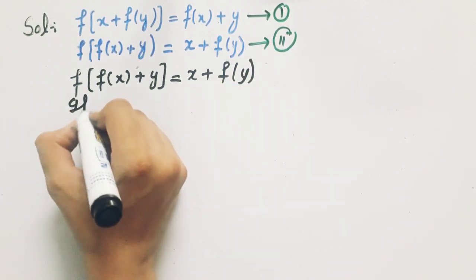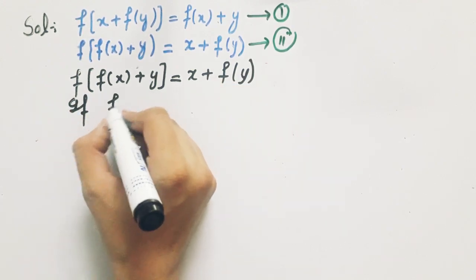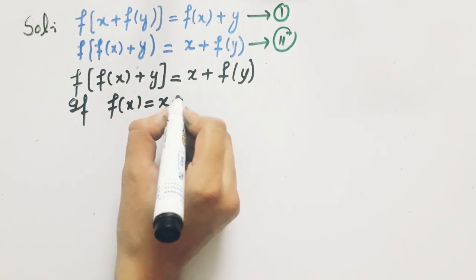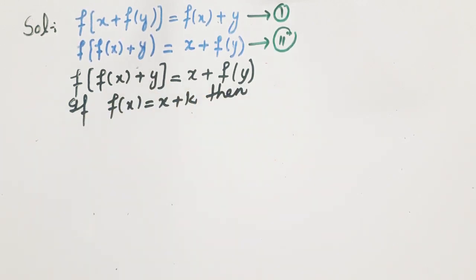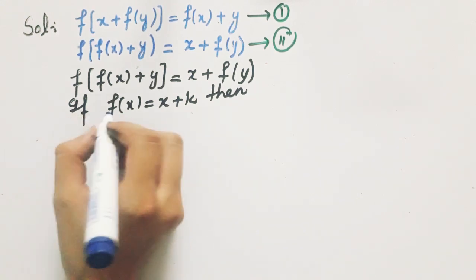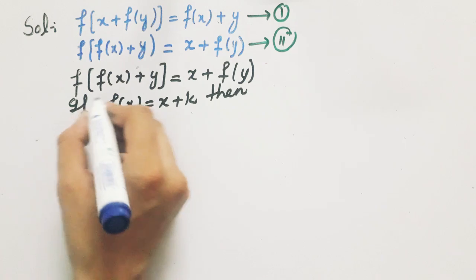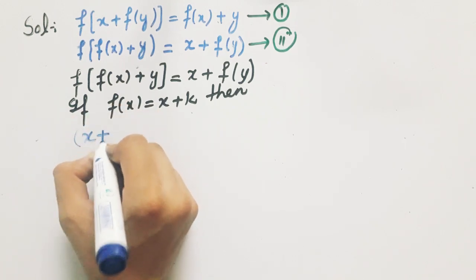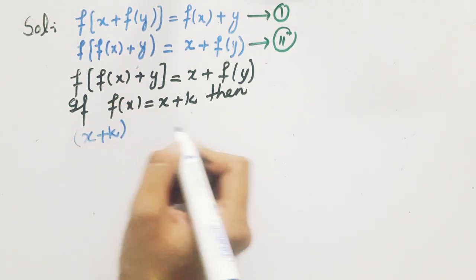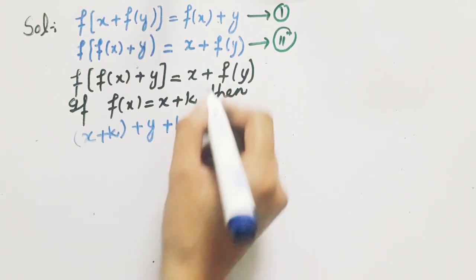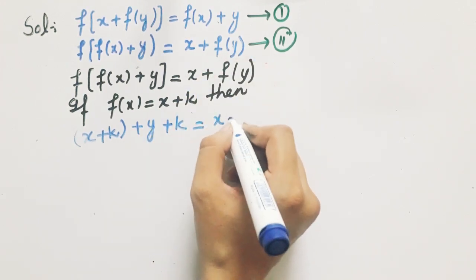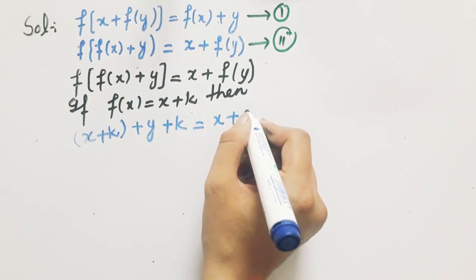If f of x is equal to x plus k, then by applying f on both sides this equation will become x plus k plus y plus k, and the right hand side is equal to x plus y plus k.